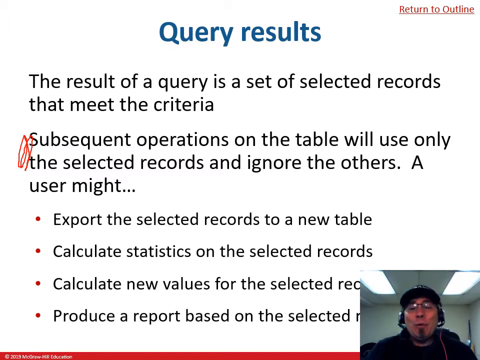It's a good thing if you needed to do that, but it's a bad thing if you forget that those things are selected. So once they're selected, you have to remember that anything you do, whether it's statistics or anything else, any tool you might run is only going to be run on that particular subset that is highlighted in that blue.